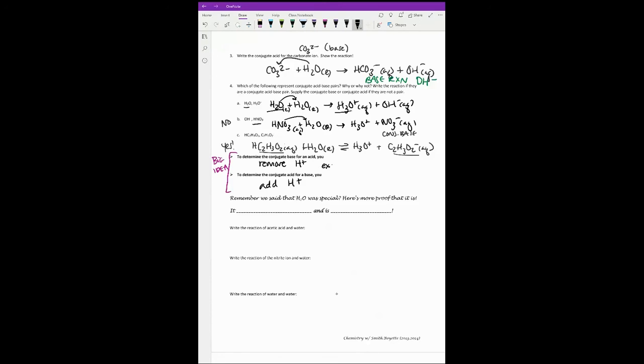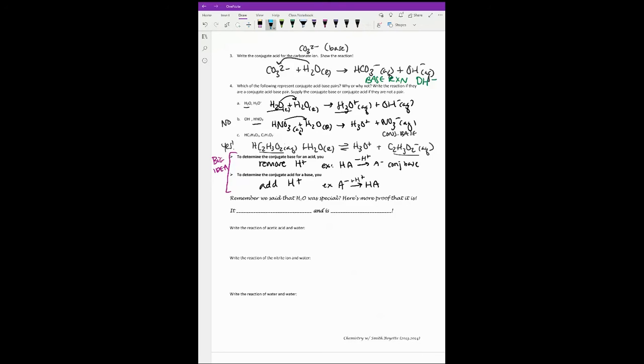Right, because if you have your acid, you're going to lose an H plus and get your conjugate base. But if you are a base, that means you're gaining an H plus, and you're going to make an acid.